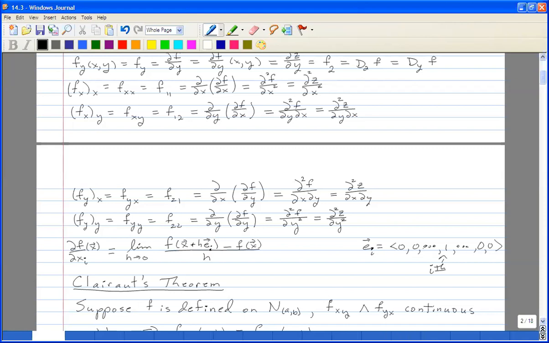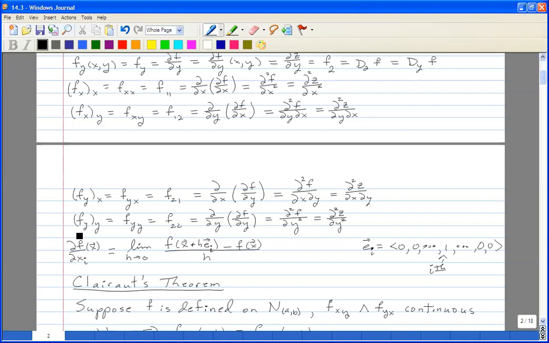So I can define the partial of f with respect to x sub i for any function of several variables, not just two variables, let's say n variables.